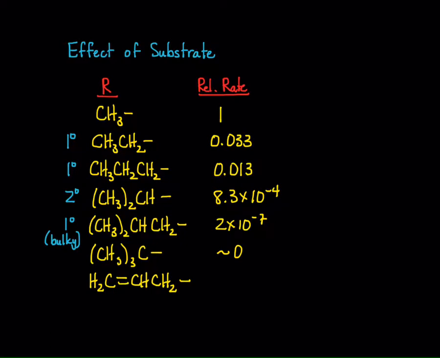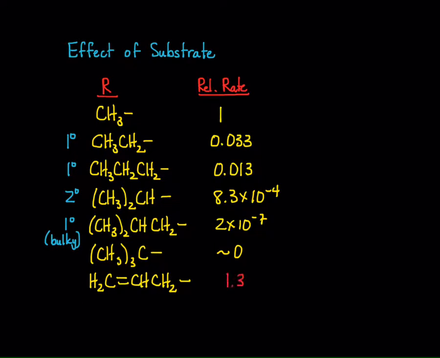Interestingly enough, if I take an allyl substituent, remember this is an allyl substituent, so I have a double bond, CH2 CH, and then a CH2. That CH2 on the right is called an allyl carbon. And this is not just a primary alkyl halide, this would be an allyl halide.